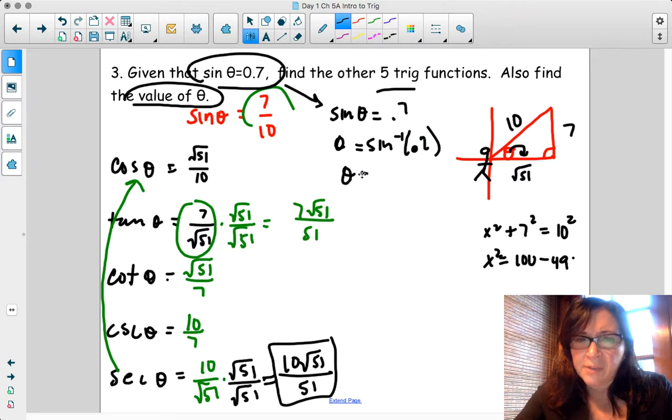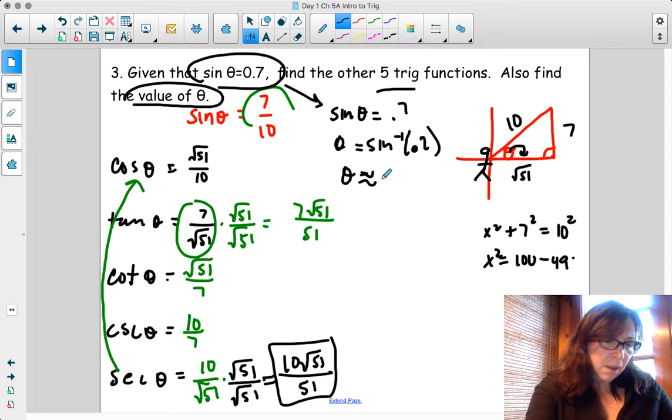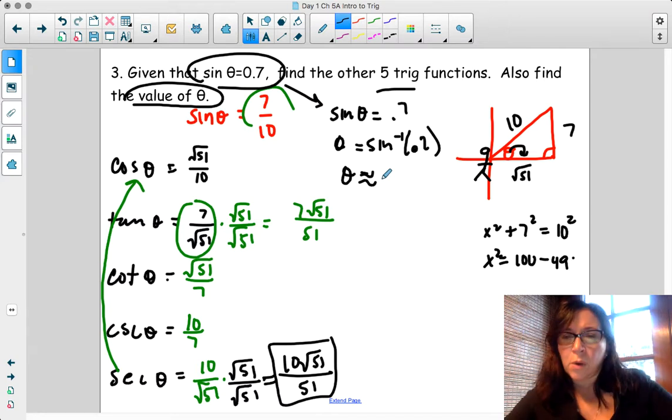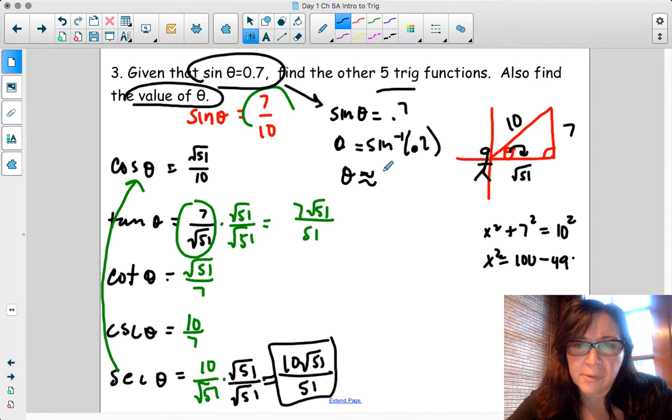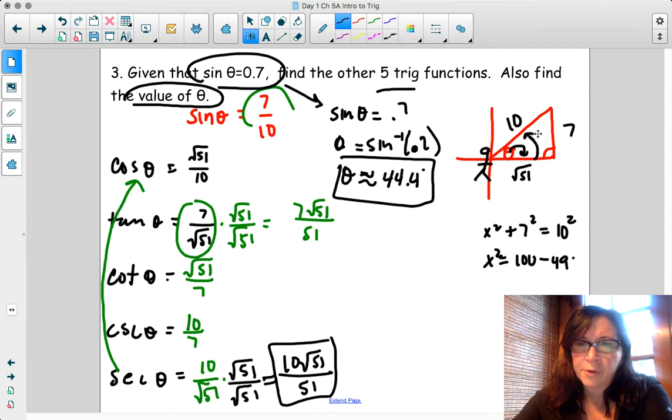Theta is approximately, so I have to do that on my calculator, 0.7 arc sine, I get 44.4. So theta is about 44.4 degrees. And that's in my first quadrant.